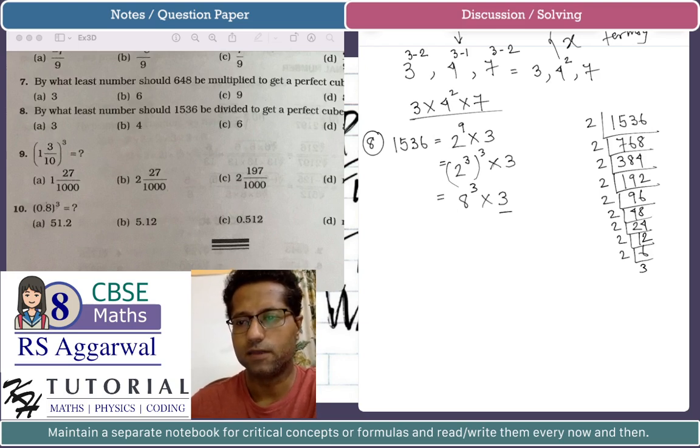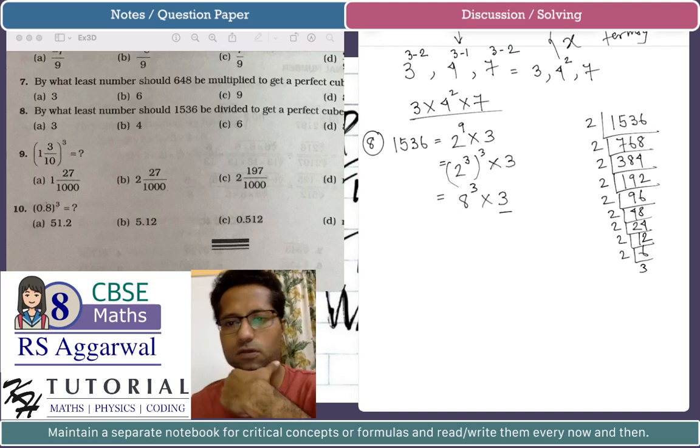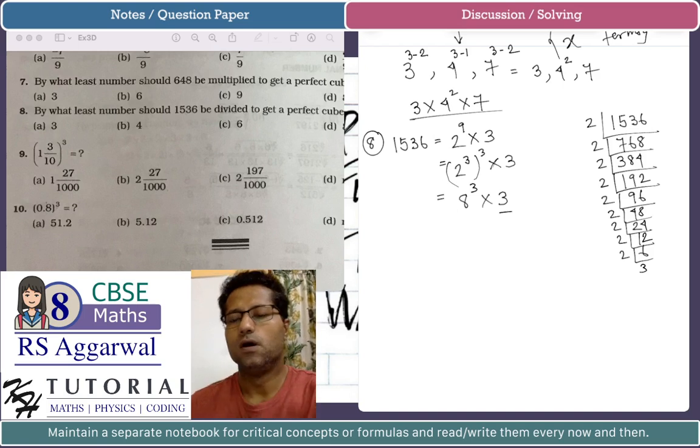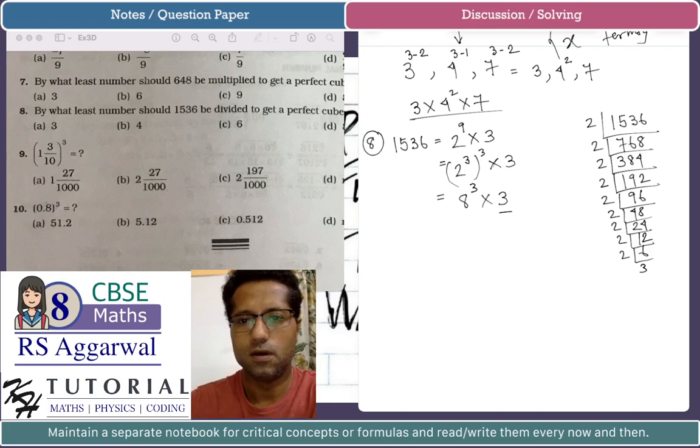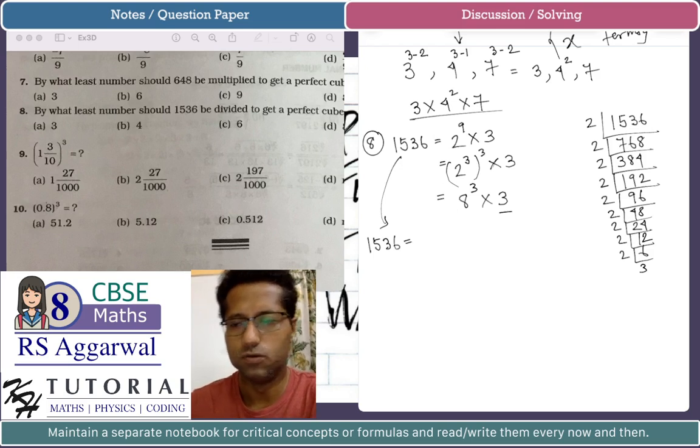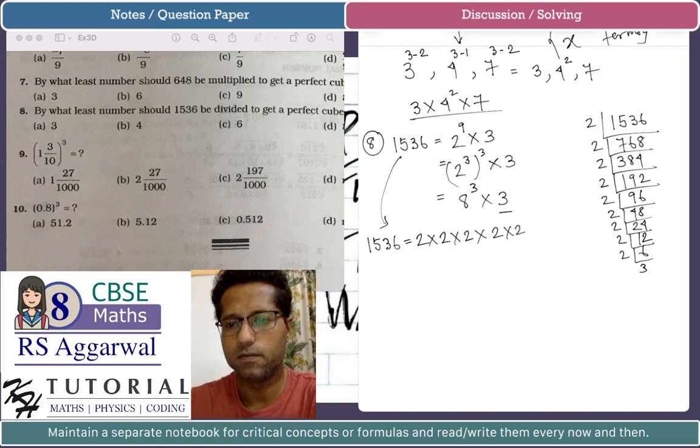You do the prime factorization, you find the prime factors. 1536, if we write it in terms of all the prime factors, we have 2 multiplied by 2 multiplied by 2, and so on.